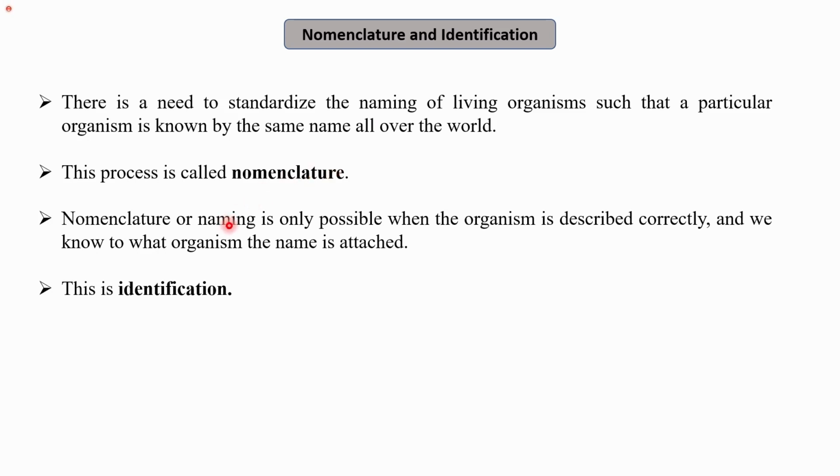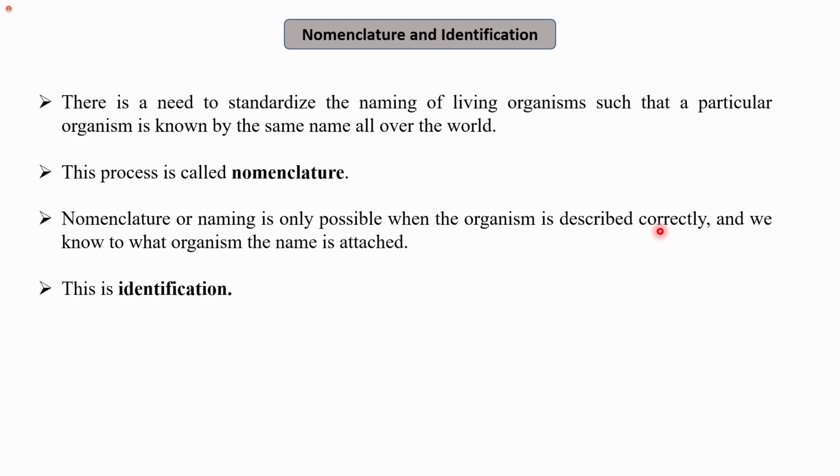So nomenclature is only possible when the organism is described correctly, because if we are saying that an organism is different from the other organism, we have to describe it correctly. What are the similarities? What are the differences of this organism from the other organism? What are the properties that make it unique? What are the exclusive properties that are present only in this organism?